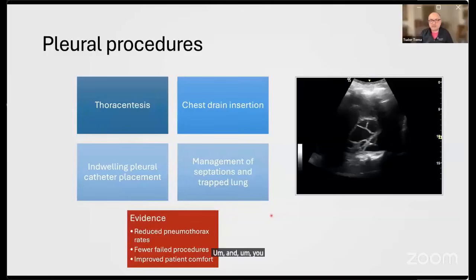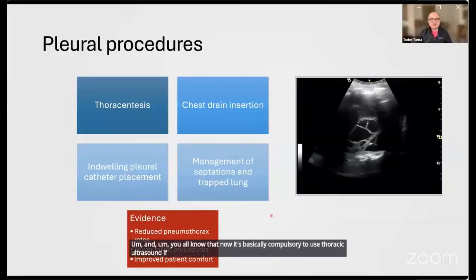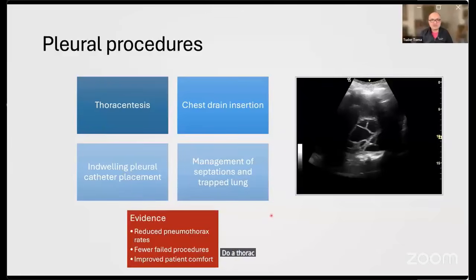You all know that now it's basically compulsory to use thoracic ultrasound if you want to do a thoracentesis, and also if you want to do a chest drain insertion.